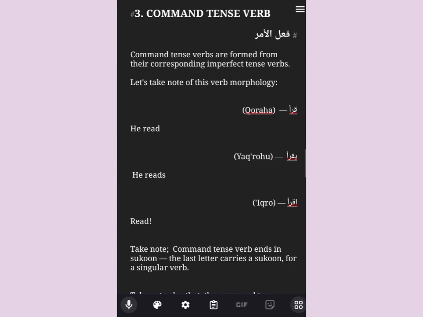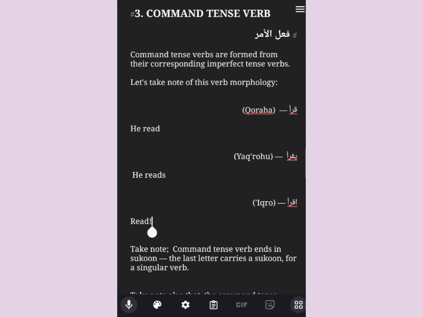The command tense verb is a product of the mudari. Once we have a mudari verb, we can form the command tense by adjusting a few things, which we shall be looking at in this lesson.